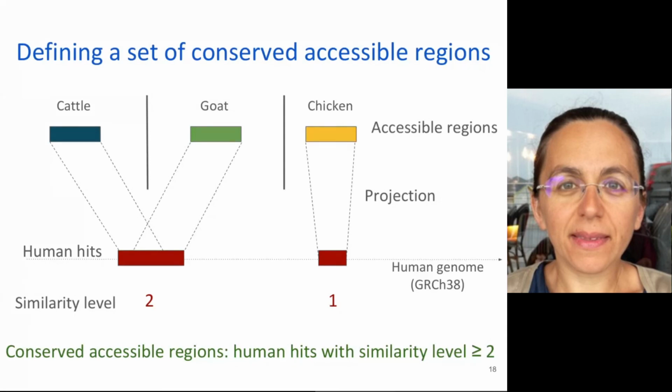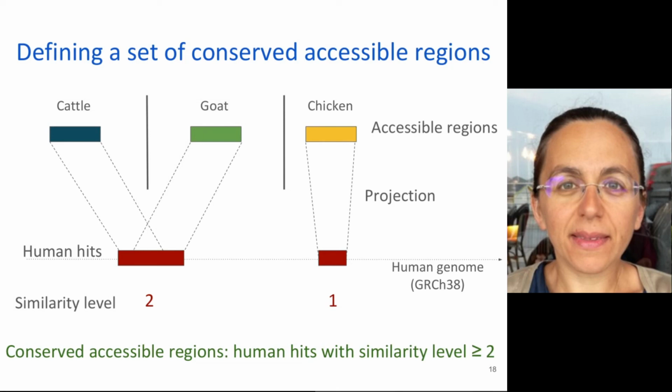Then we look at where those projections are localized in the different species, and we do a simple merge of these regions, again based on one base pair overlap, and we call these human hits.